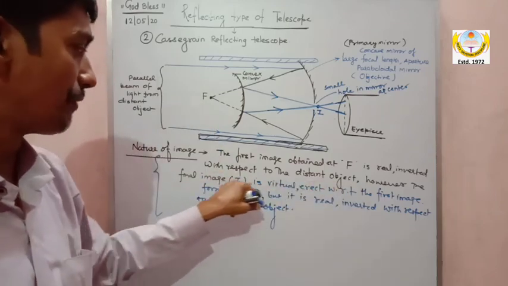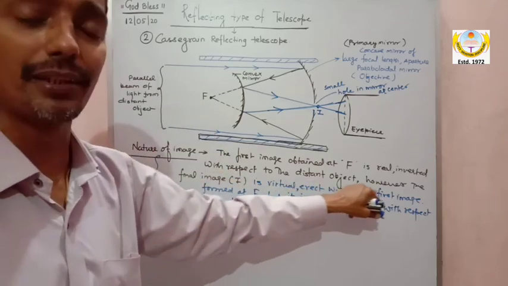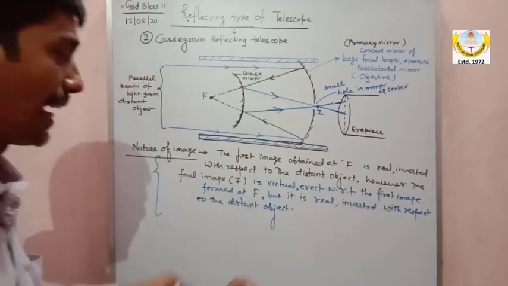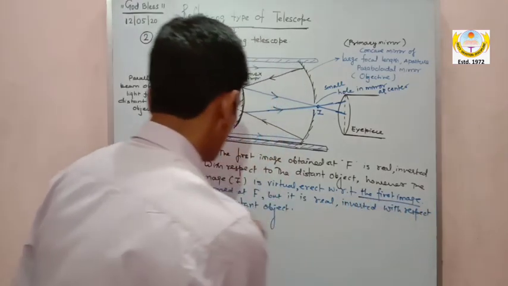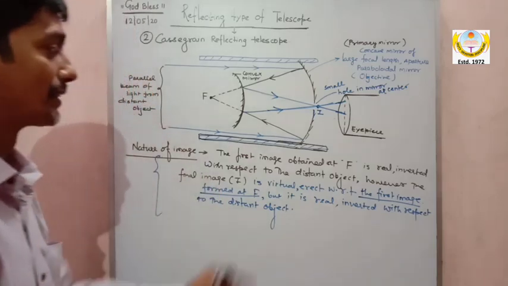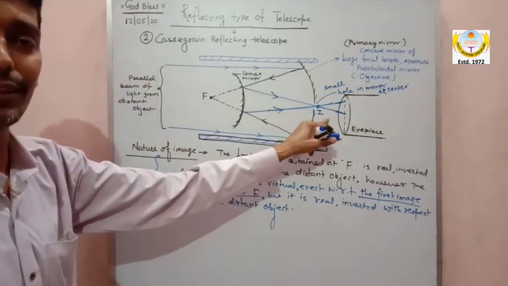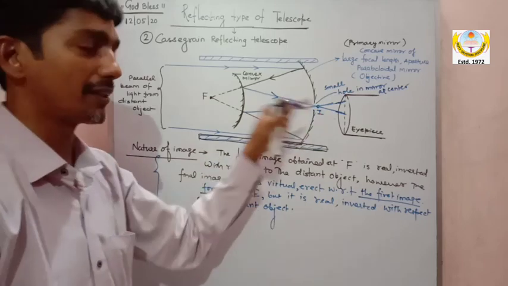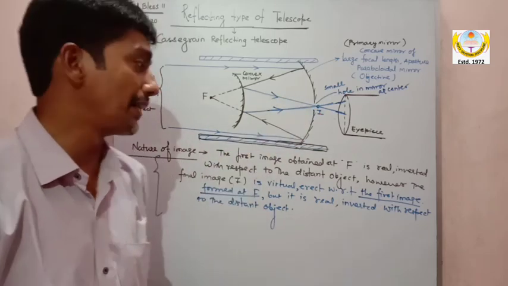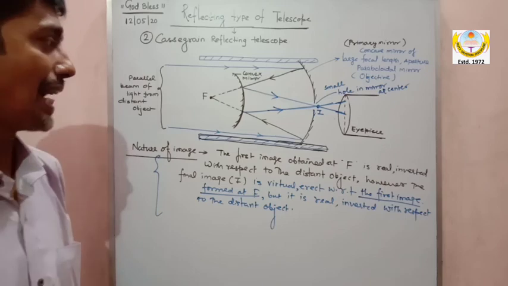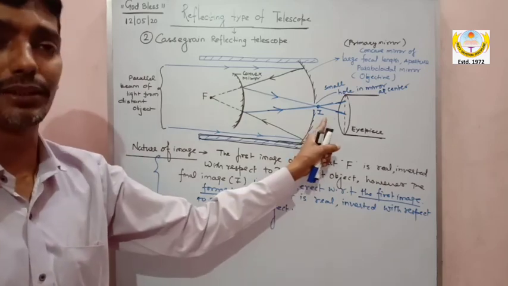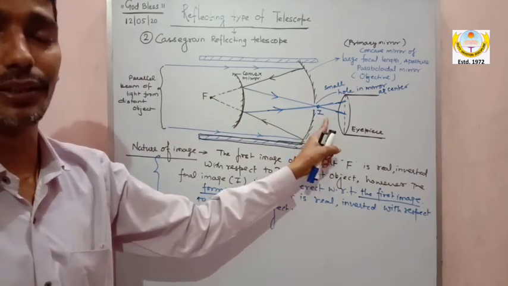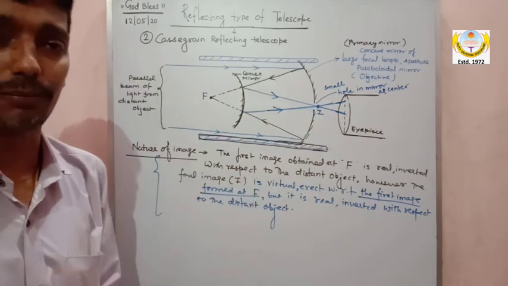I have written here, the final image I is virtual erect with respect to the first image formed at F. But it is real inverted with respect to the distant object. So this is all about, my dear, the Cassegrain telescope, that the final image which is obtained is real inverted with respect to the distant object.